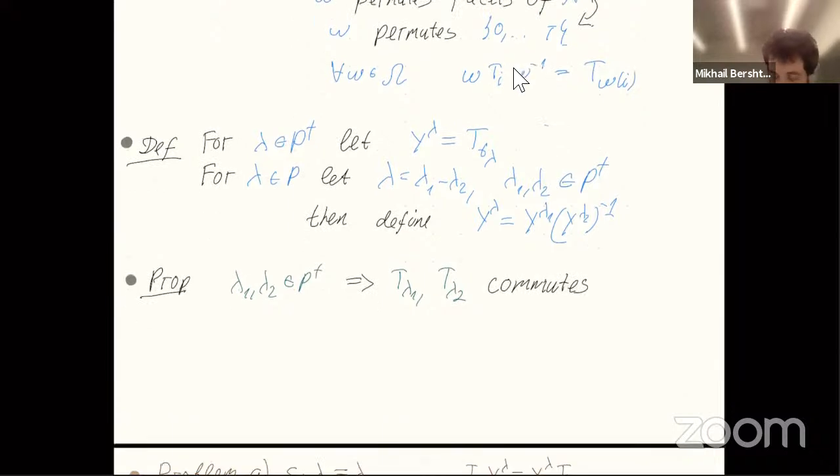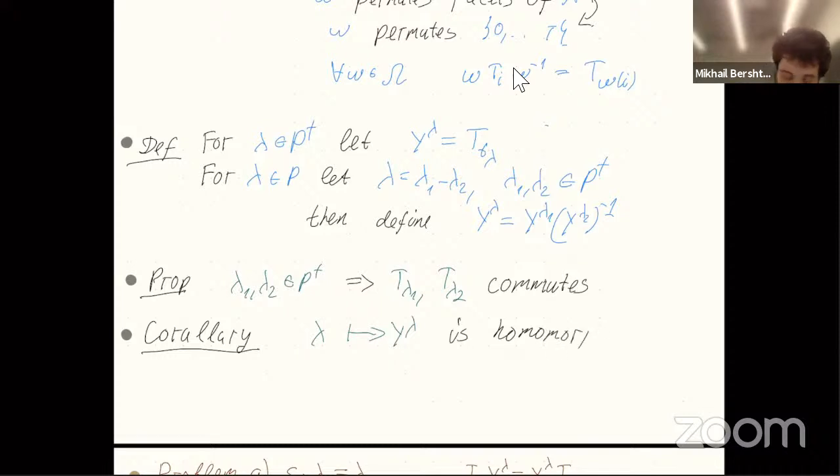I will explain this proposition, but I want to move to the corollary. The map which we defined from lambda to Y lambda is a homomorphism from P to the affine extended braid group.